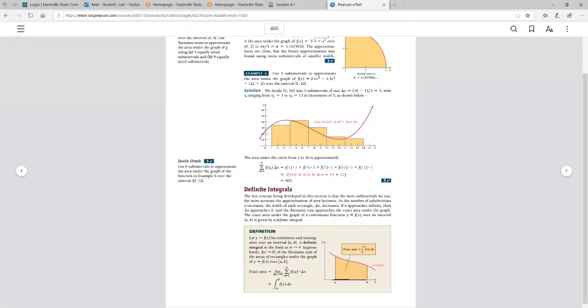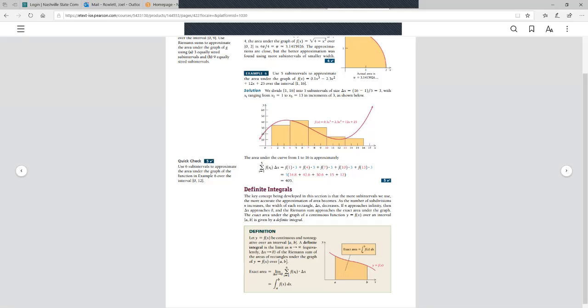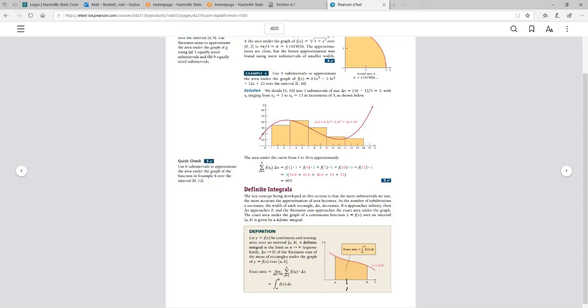For example, if this happened to be 5 and this happened to be 1, then we would know that this is 4. We would just take b minus a. And you tell me what x is, and I will plug that into the function, and I can tell you the height of this very skinny rectangle here.